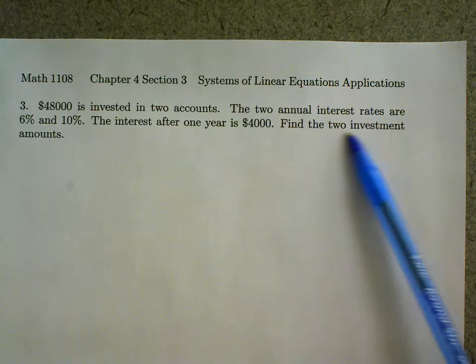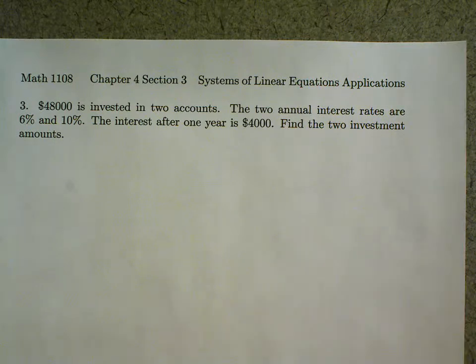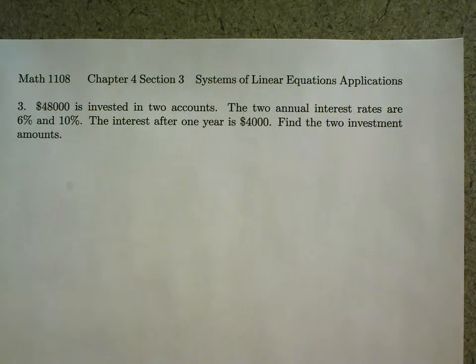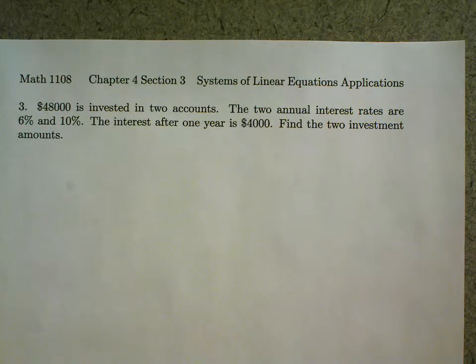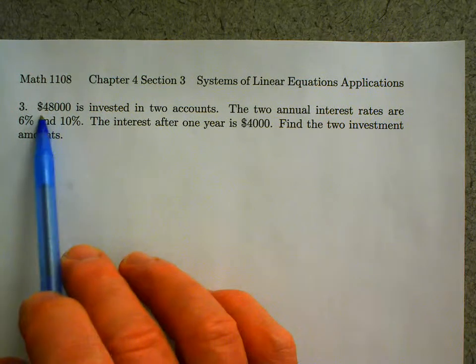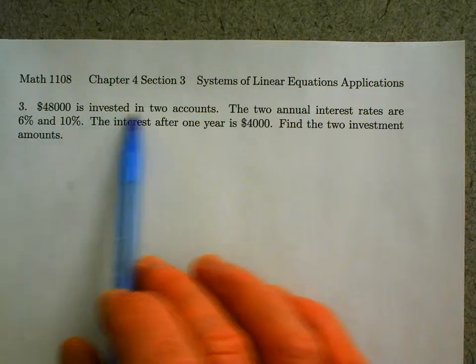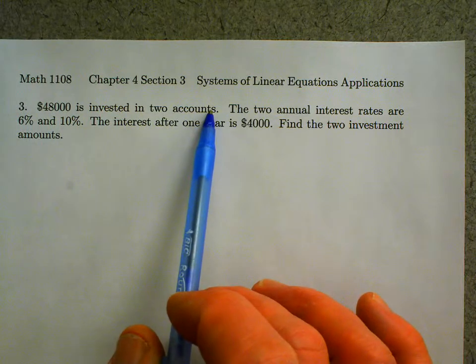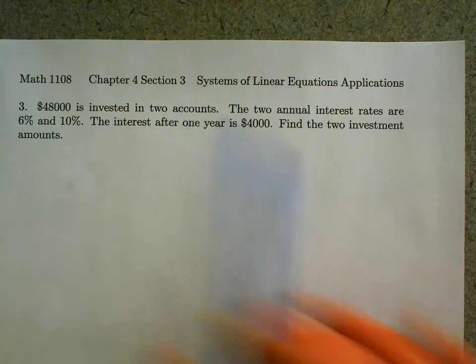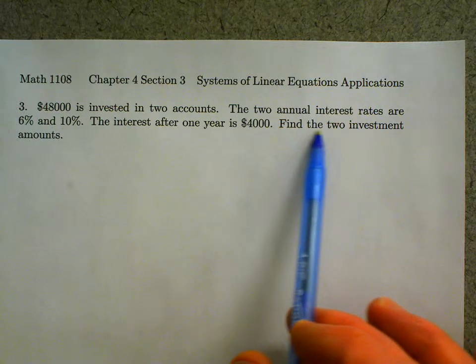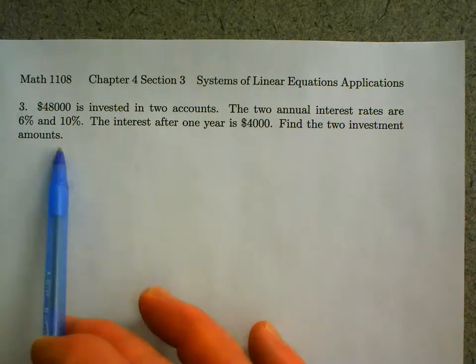Find the 2 investment amounts. So a total of $48,000 is invested in 2 accounts, and we're supposed to find those 2 investment amounts.